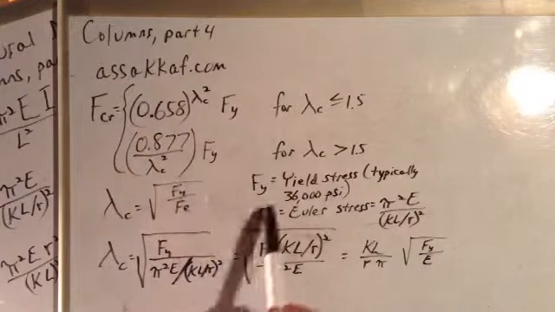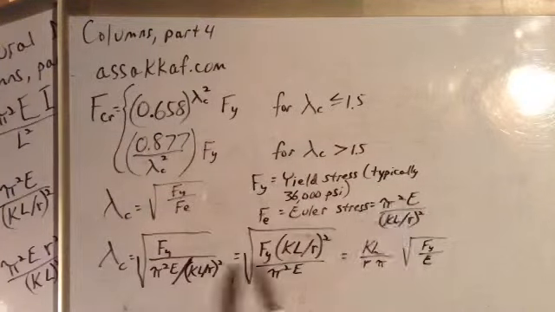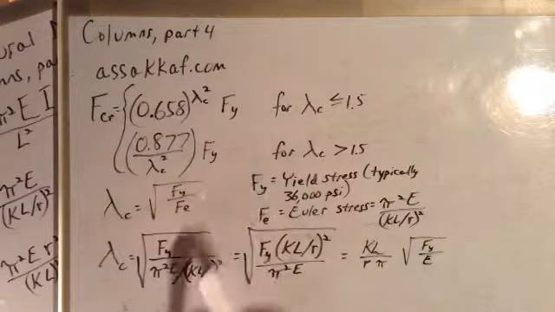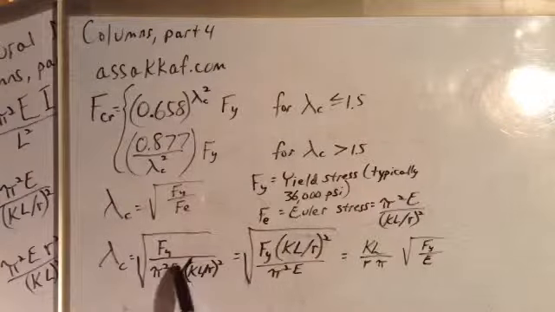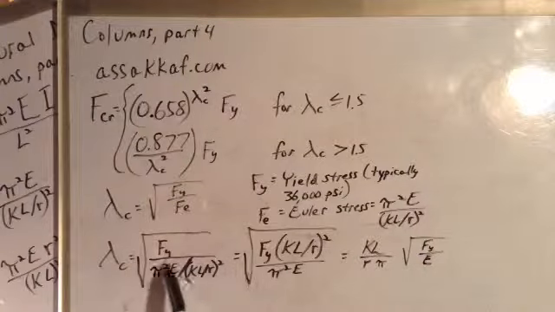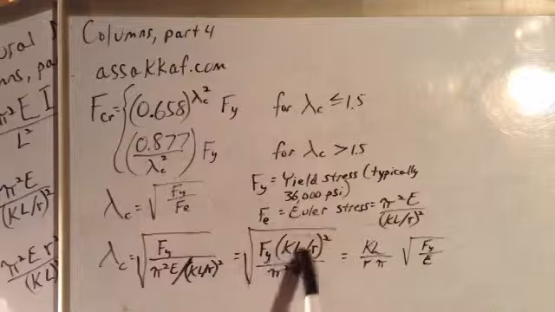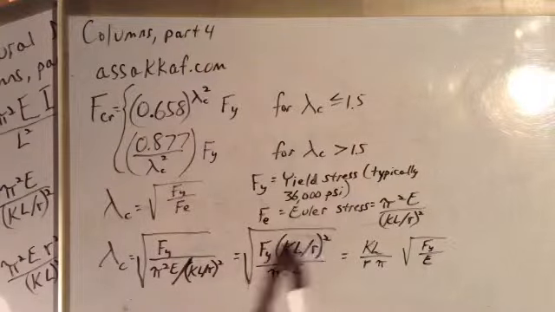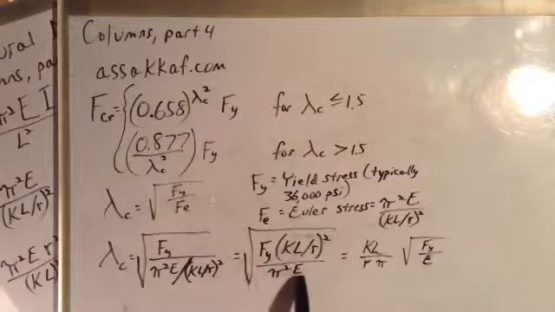So let's put our square root of that over that. When we have that divided by all of that, we can just take that and throw it on top. And we can say Fy times KL over R in parentheses squared equals what's left on the bottom, pi squared times the modulus of elasticity. So we have the square root of that.